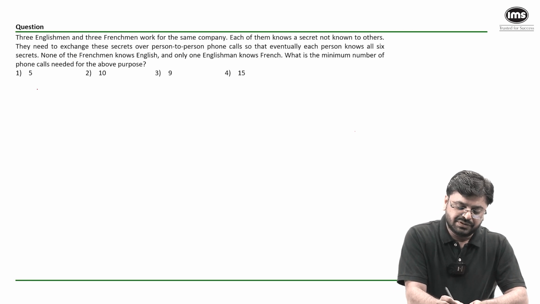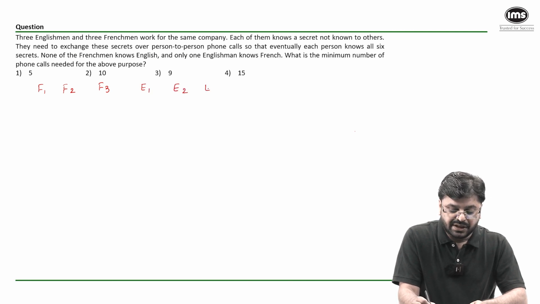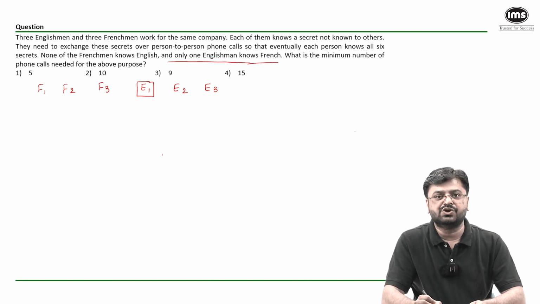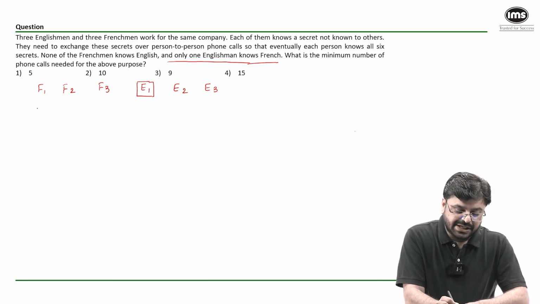Now let's assume the Frenchmen here are F1, F2 and F3, and the Englishmen are E1, E2 and E3. Let's say E1 is the one who knows French. There is one Englishman who knows French, so we are assuming E1 knows French.